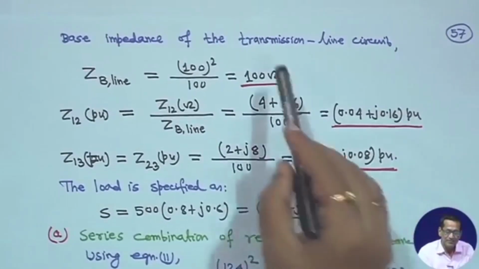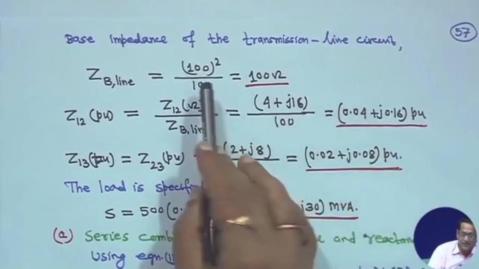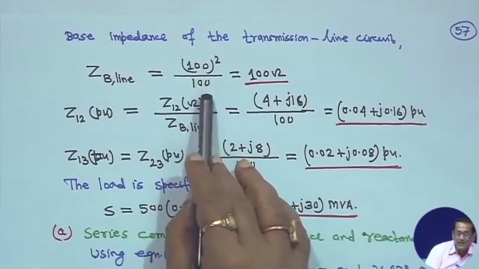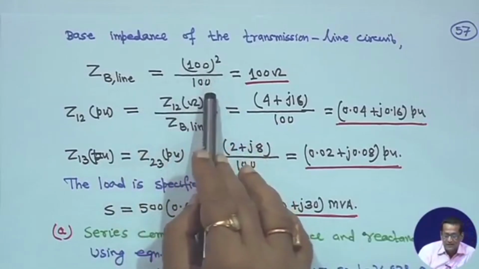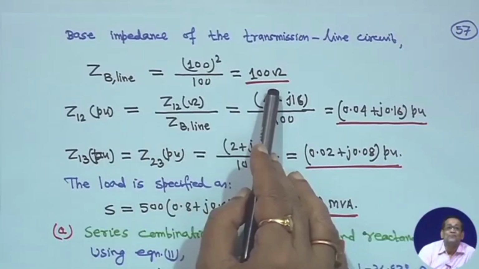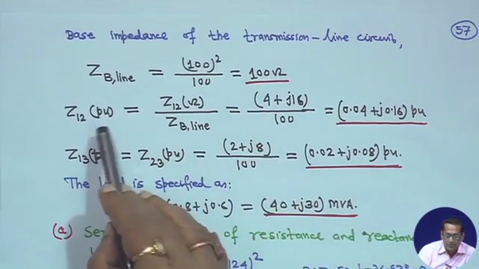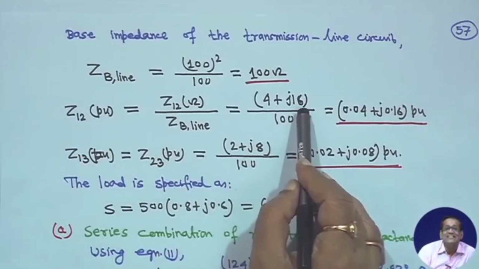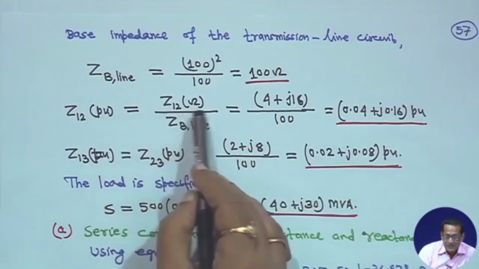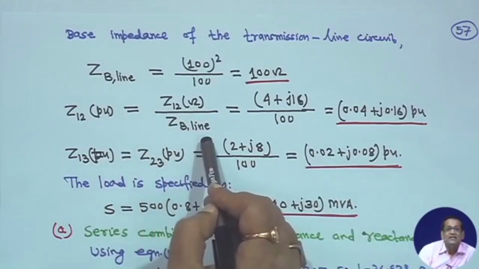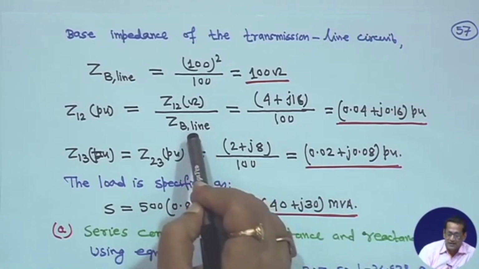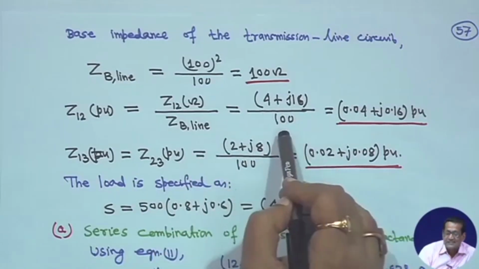So, base impedance of the transmission line: we have taken 100 kV as base voltage and base MVA 100. So, ZB line is 100 squared upon 100, that is 100 ohm, right. Now, line 12 impedance was given as 4 plus j16 ohm, so Z12 pu is the ohmic value divided by ZB, the base value of the line impedance, that is 4 plus j16 upon 100.